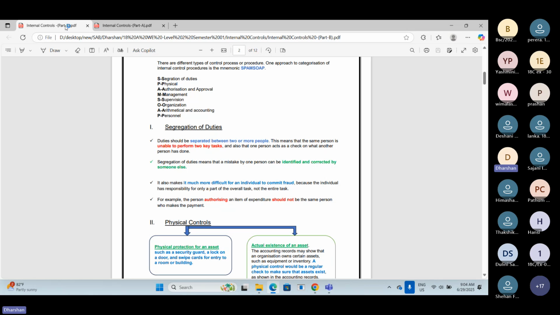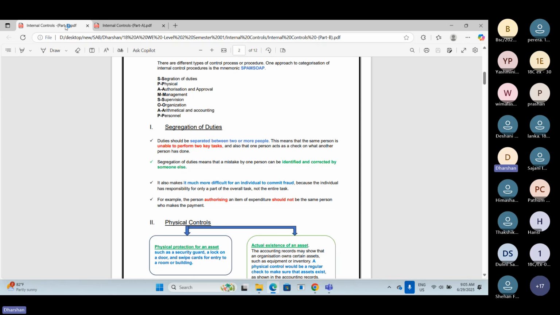Let's imagine the payment process, which is the easiest process, so I take it as a simple example. Don't think too much. Imagine the payment process: prepared by, checked by, authorized by, approved by, and check sign.